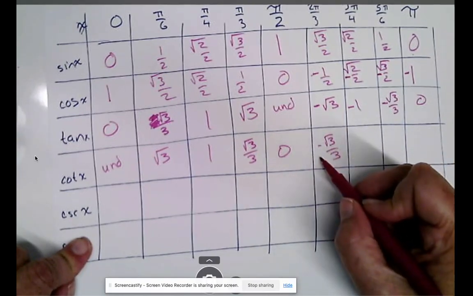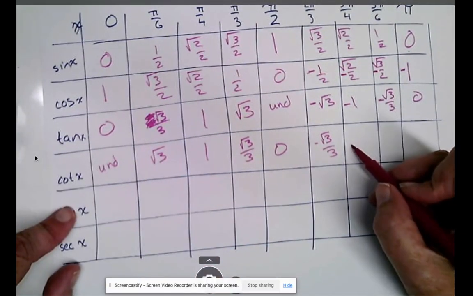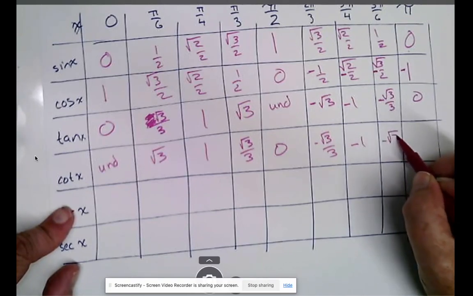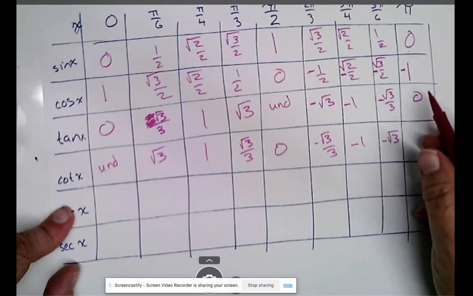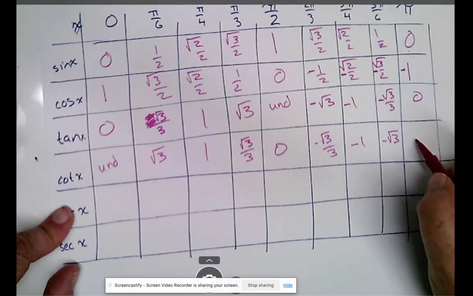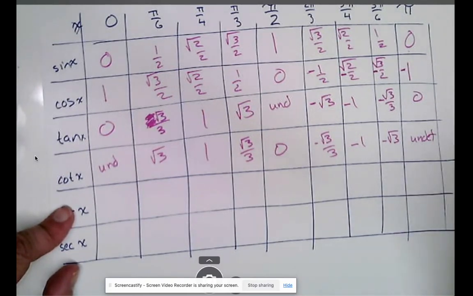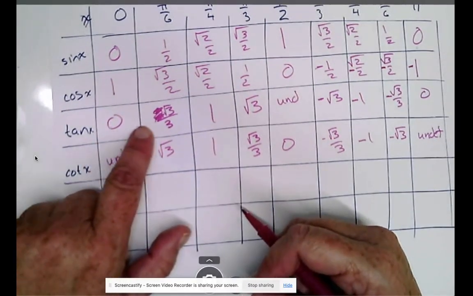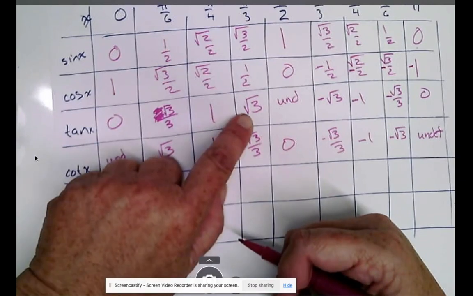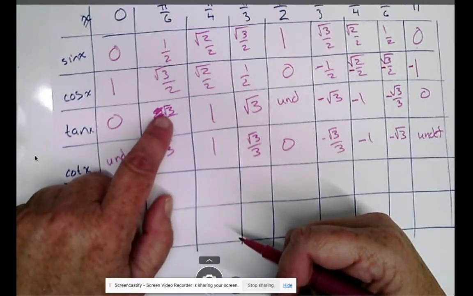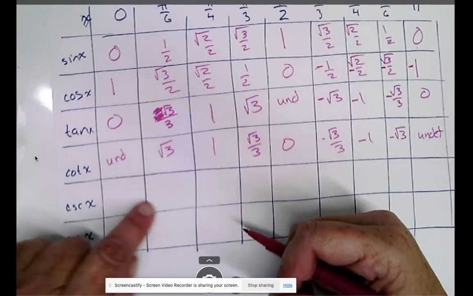And again, we're reflecting the values even though we're negative: negative 1, negative root 3, and undefined. Okay, and then just make sure tangent starts small and gets bigger, so make sure your root 3 over 3 is first here.